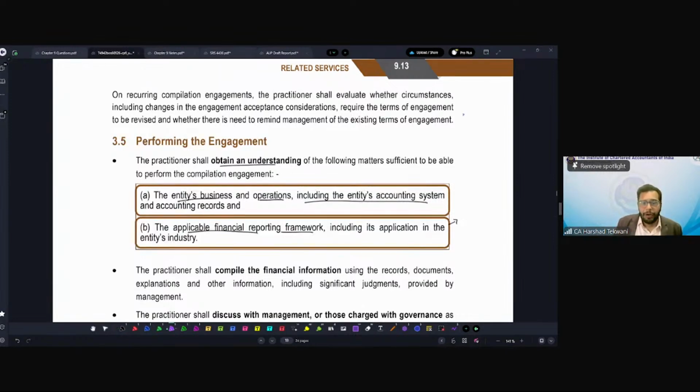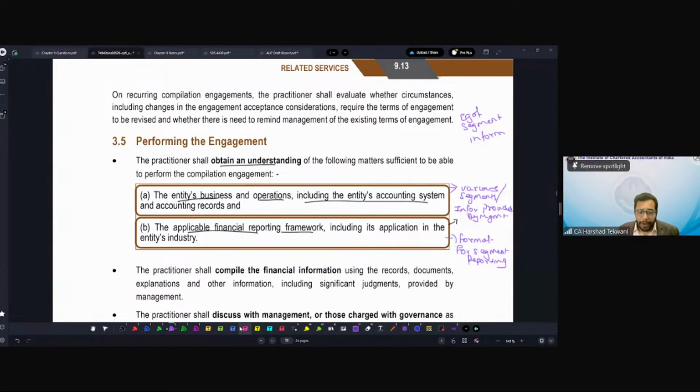If I take the example of segment information, then I need to obtain an understanding of the various segments, the information provided by management, and the format for segment reporting. These are the basic things that I need to understand.